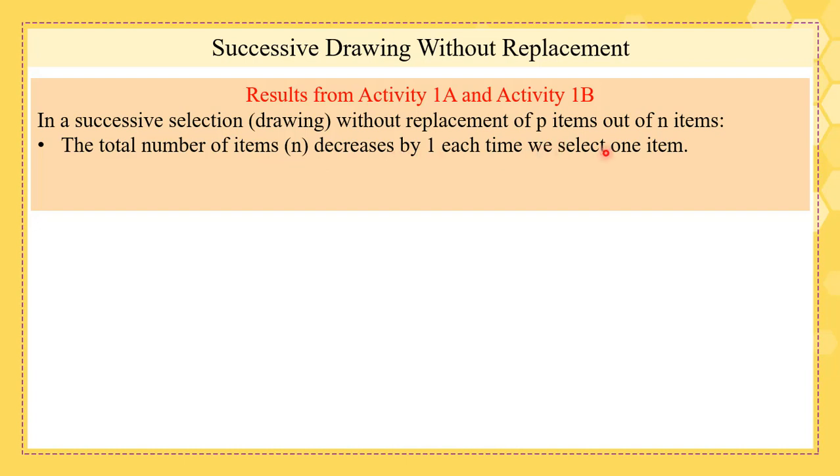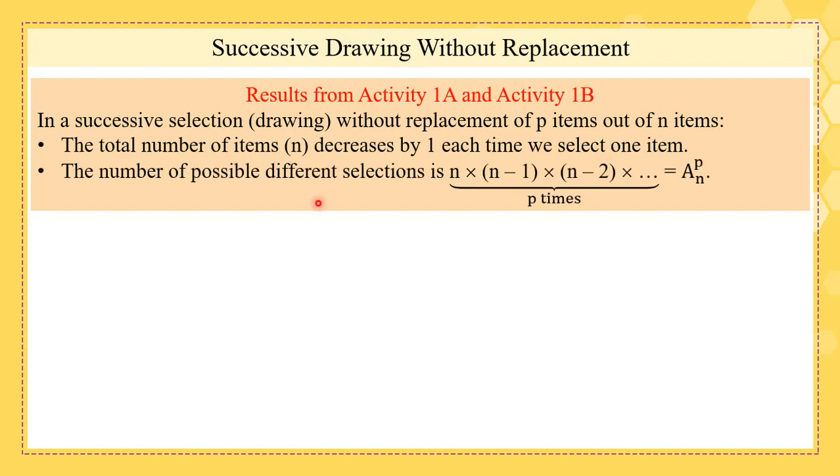This is the first result, which is very important. And the number of possible different selections would be N multiplied by N minus 1 multiplied by N minus 2, and so on, P times, and this is what we call the arrangement A(N,P).